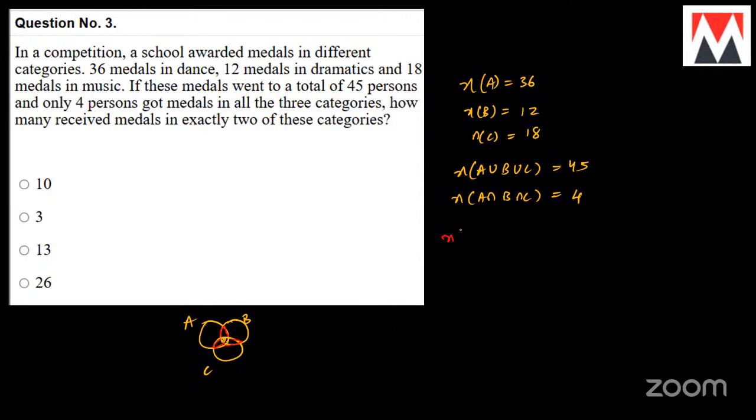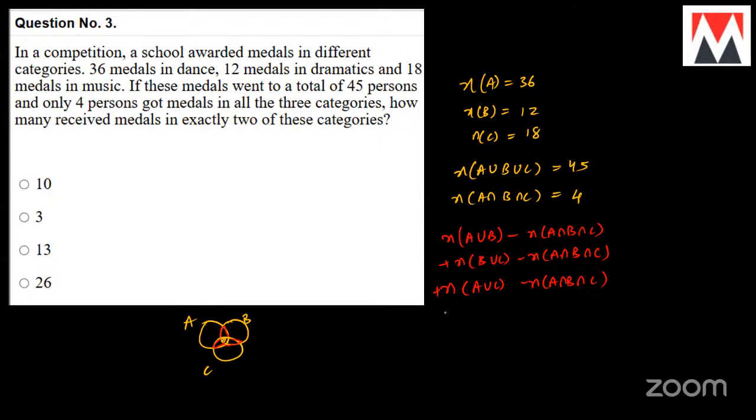It is nothing but n of A intersection B minus n of A intersection B intersection C, plus n of B intersection C minus n of A intersection B intersection C, plus n of A intersection C minus n of A intersection B intersection C.